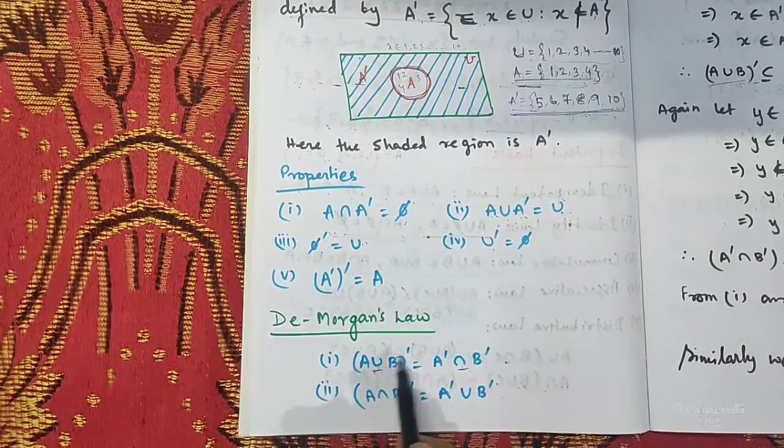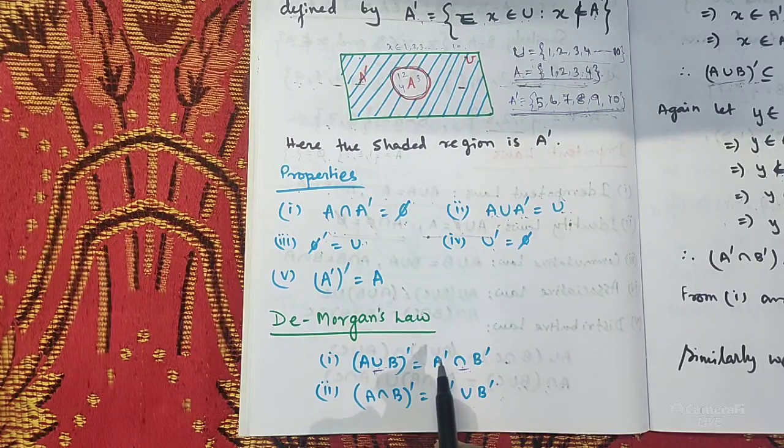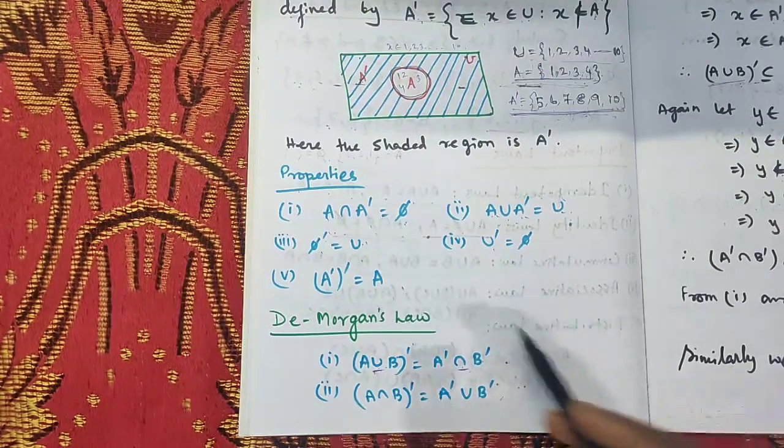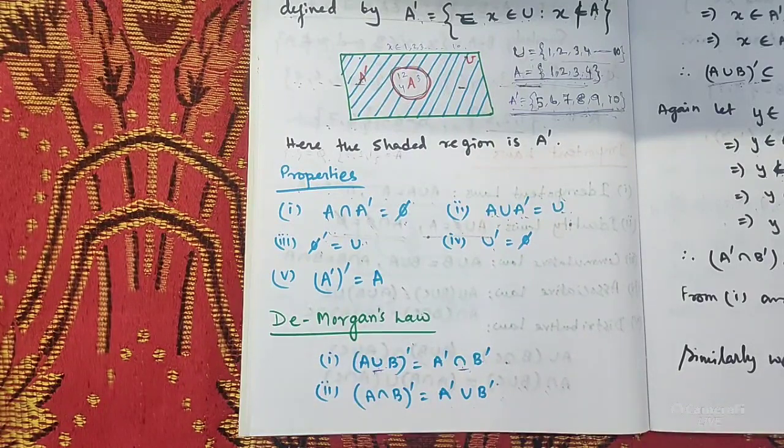See here union changed to intersection. Similarly, A intersection B whole complement equals A complement union B complement. These two properties are known as De Morgan's law. These properties are very important. So learn how to prove it. Let's see.